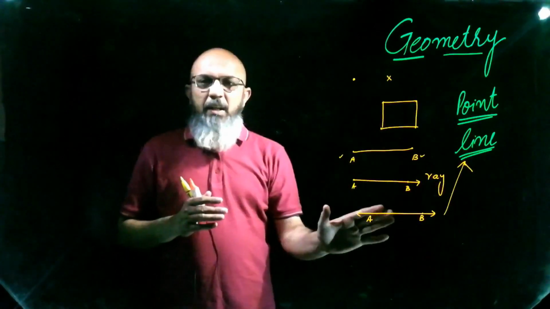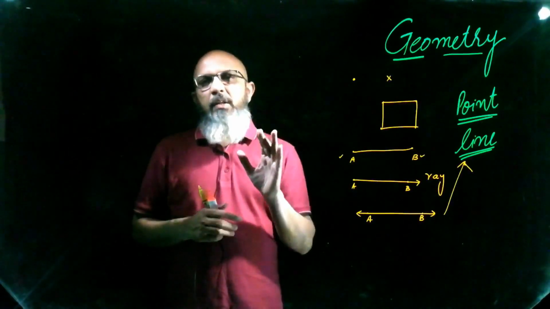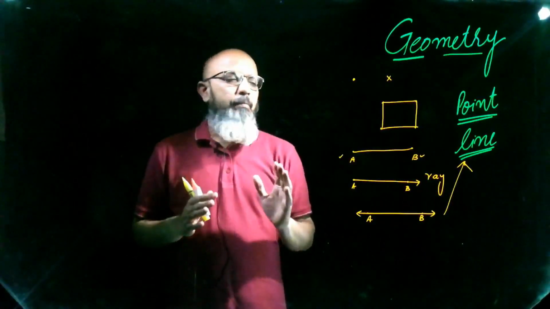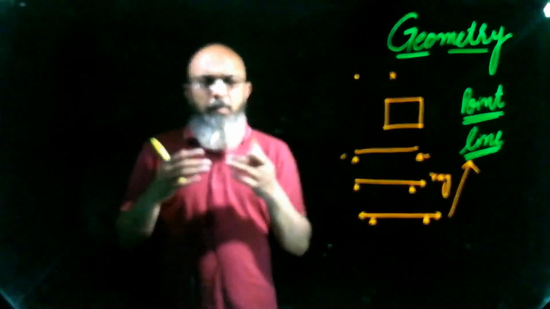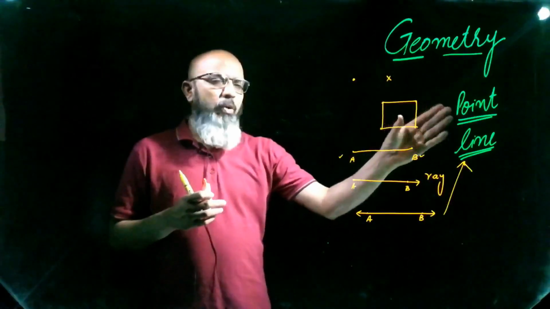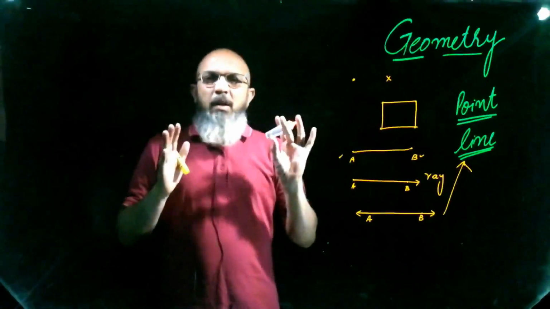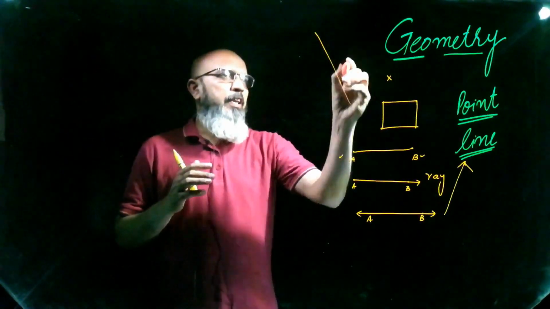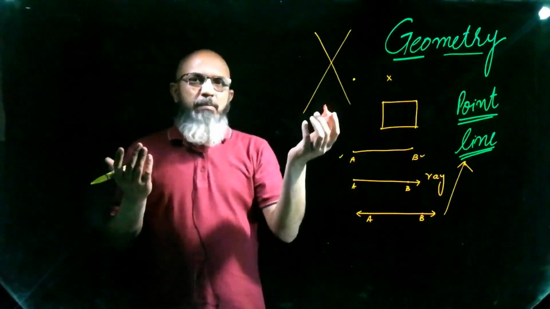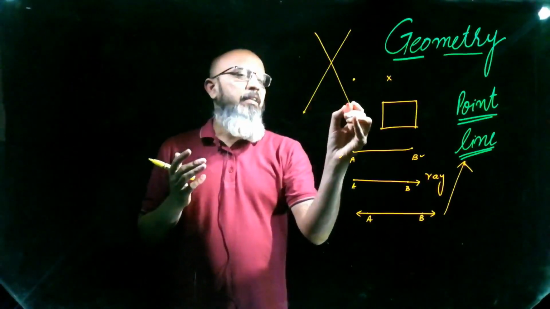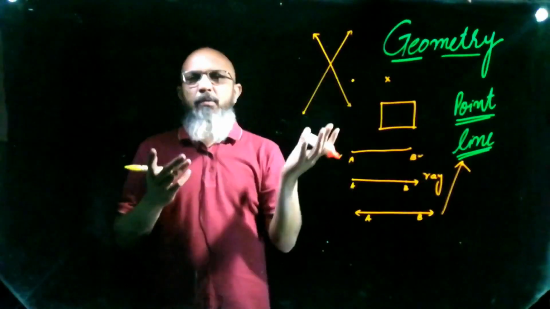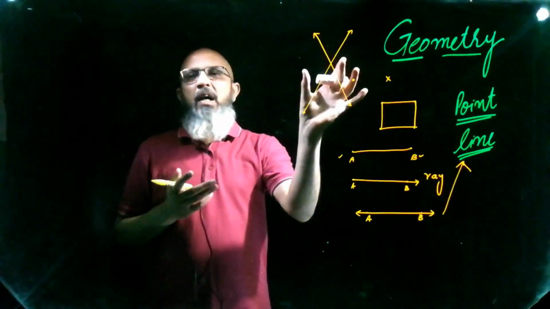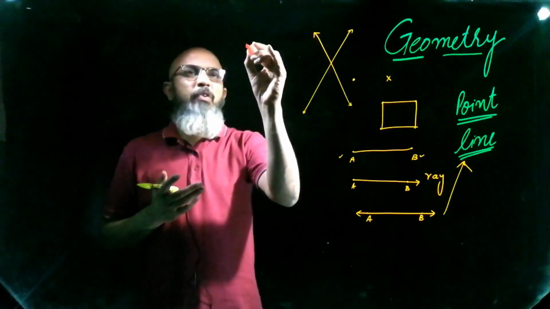So that is clear. Now come to another very important thing, that is an angle. Before starting angles, we will discuss some more things about lines. These both are lines because they have arrowheads. What type of lines are these?